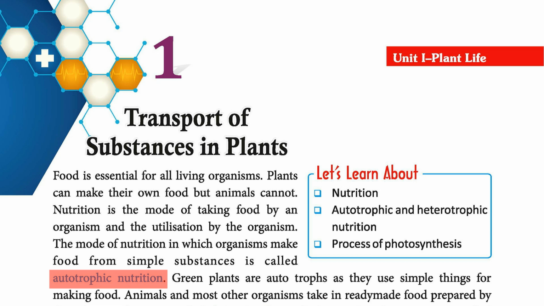Now the nutrition, what is nutrition? It is the mode of taking food by an organism and utilization by the organism. That means what we eat and how is it used by our body. Similarly, what nutrition do the plants take and how is it utilized for their growth, right?